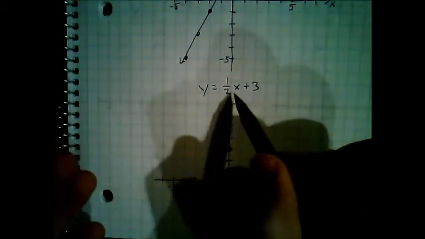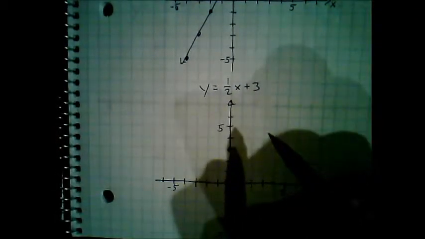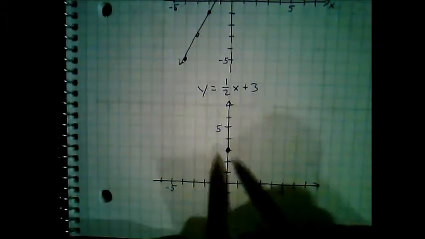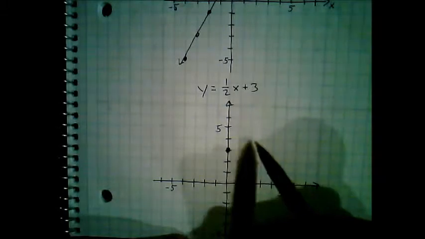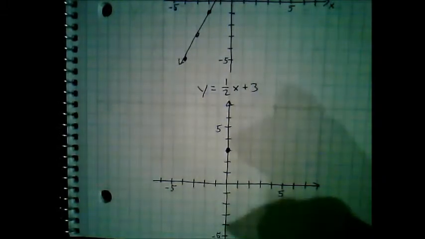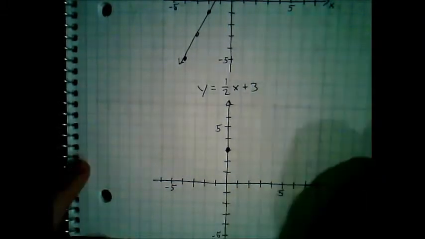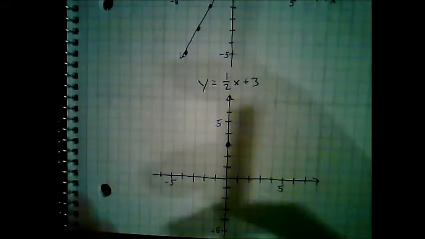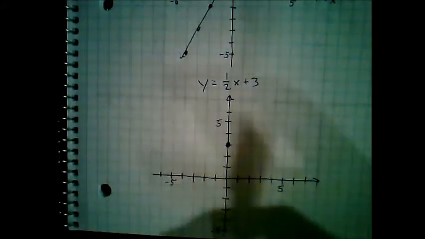Now our slope is 1/2. Before, you might think, okay, we're adding half a tile each figure, so we're going to go up a half over 1, up a half over 1. We want to get away from that thinking. We have a better understanding of what slope is. The slope is the rate of change of this line. Now we understand that slope is delta y over delta x.